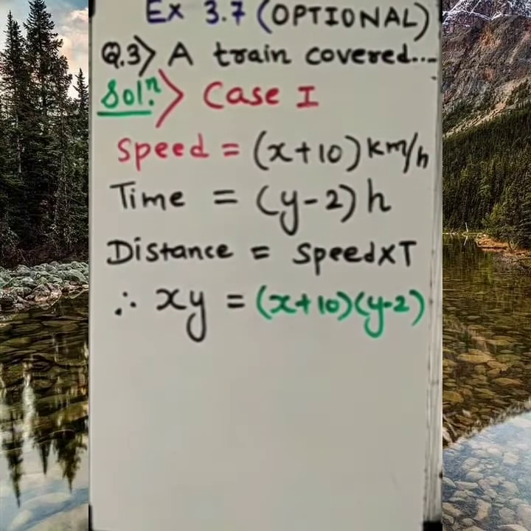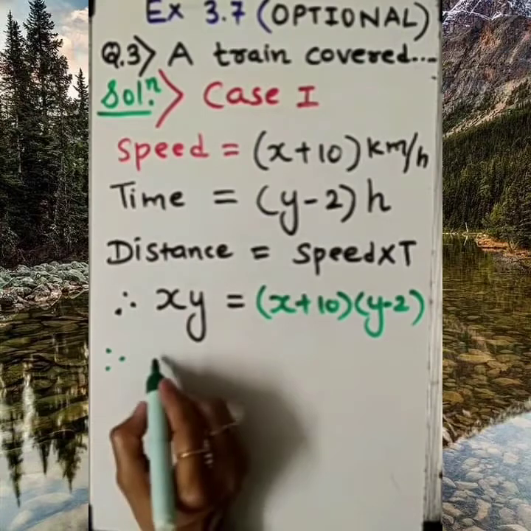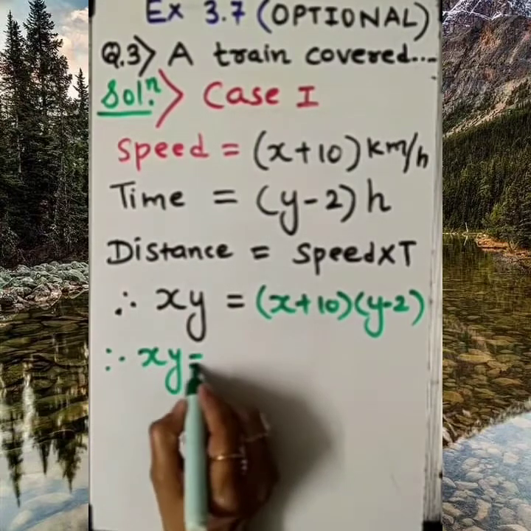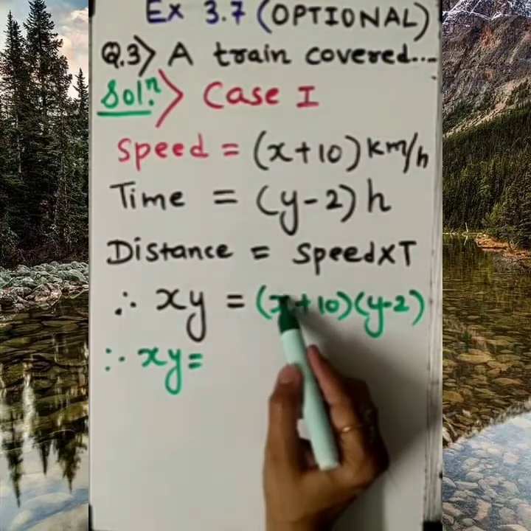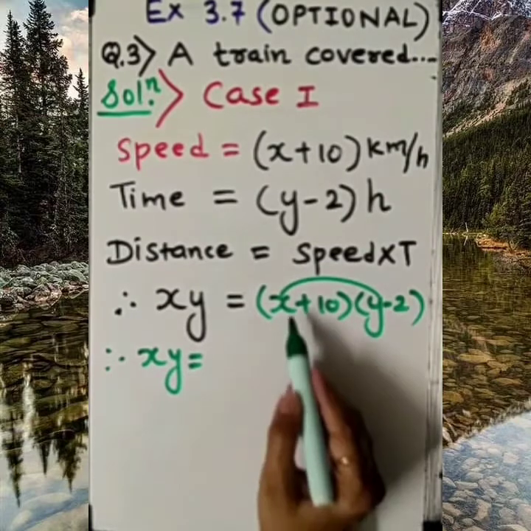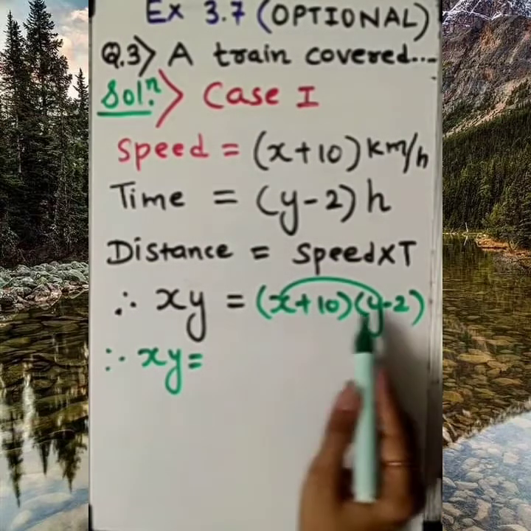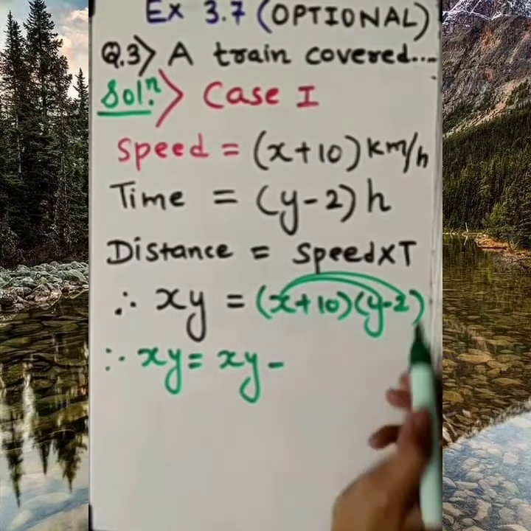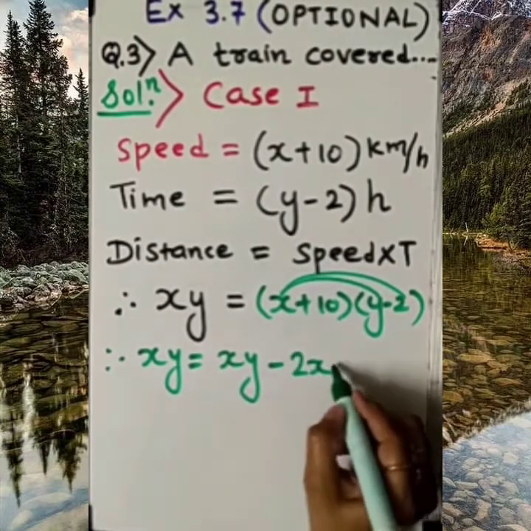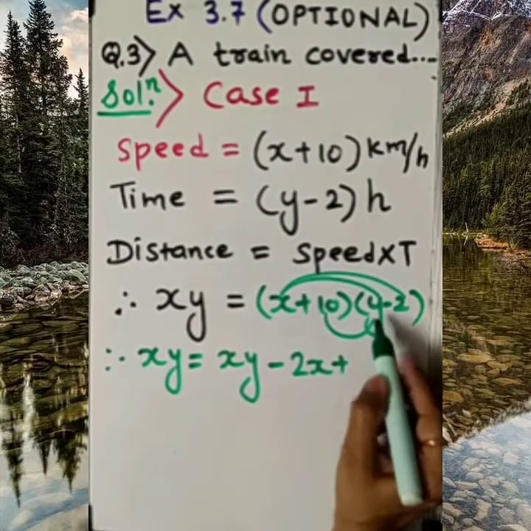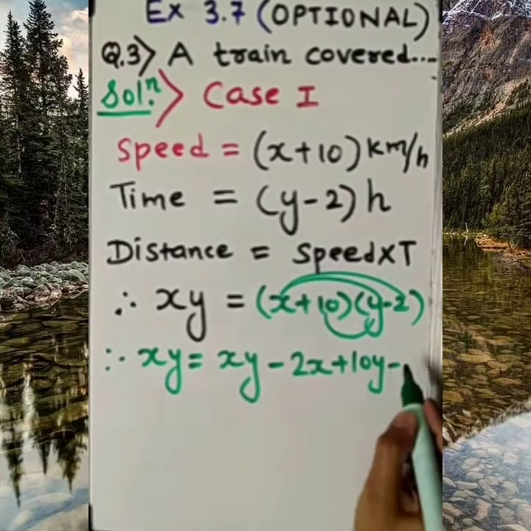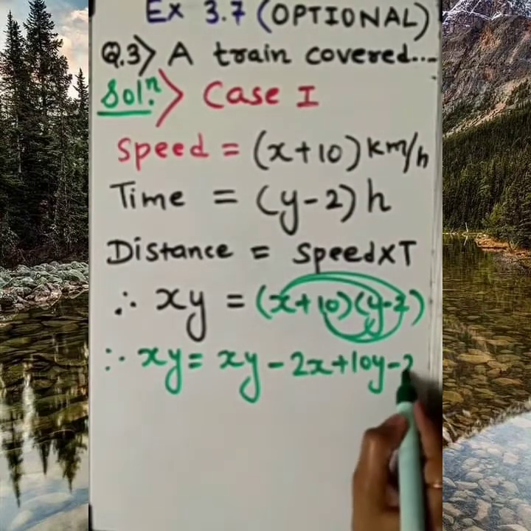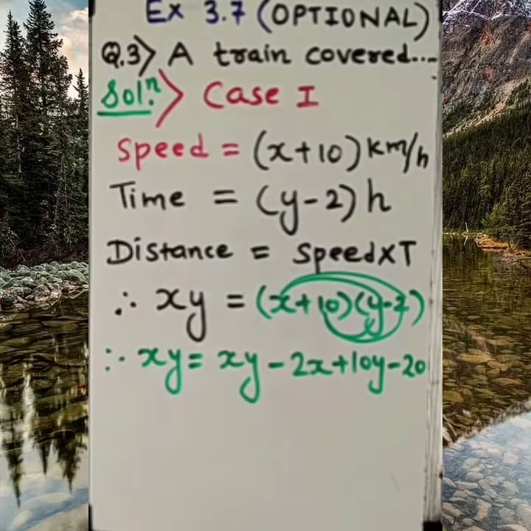Now we need to simplify this formula. Here xy is already there. Now, how to multiply? First let's multiply with x both of these terms: x into y, xy, minus x into 2, 2x, plus 10 into y, 10y, minus 10 into 2, 20. Now you can see xy on both sides, so it will be cancelled.